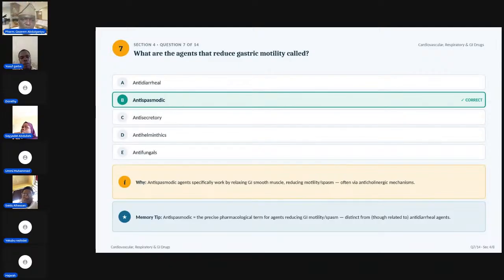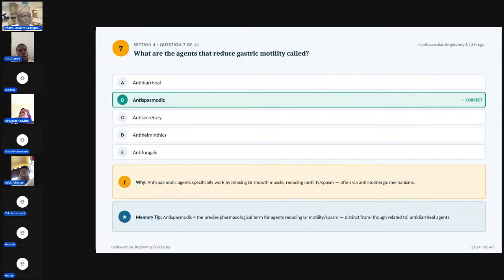This is what they do basically, they reduce gastric motility. And there are some other ones that you have also used, you know, loperamide. Somebody's having diarrhea, and then you decided to give them loperamide. That will just stop the whole thing from moving. So these are examples now.